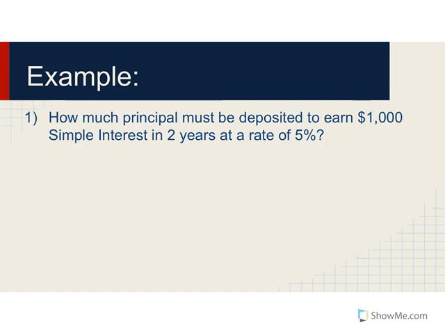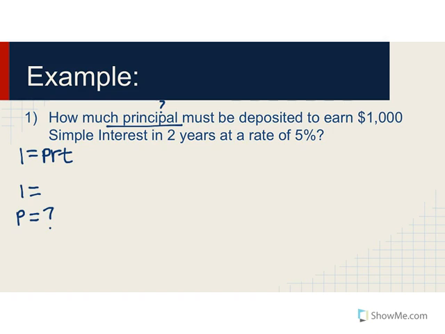So for our first example, let's start off with our original equation, I equals PRT, and we want to find how much principal, so now that's our question mark. So when we're identifying this, our P actually has the question mark this time. So we need to get our P by itself.